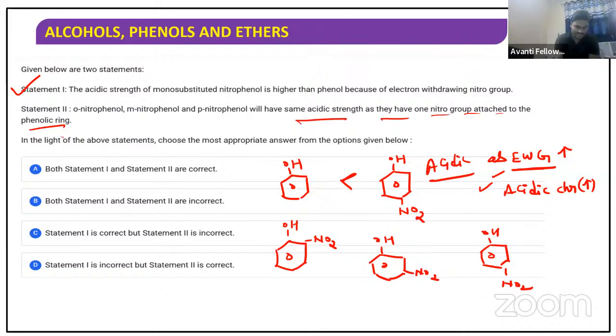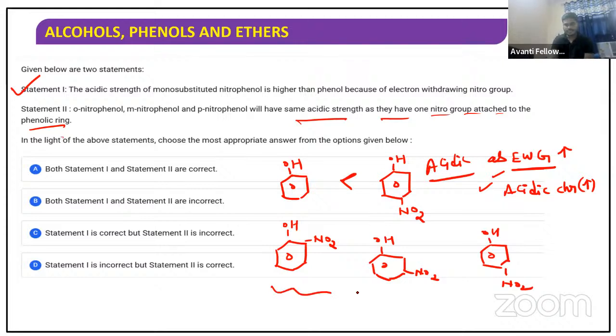Understand carefully: what statement two says is wrong. Why? Because the nitro group present at ortho and para position will have a strong minus R effect, while the nitro group present at the meta position will be influenced only by the minus I effect. Hence the acidity of ortho and para isomers will be more.